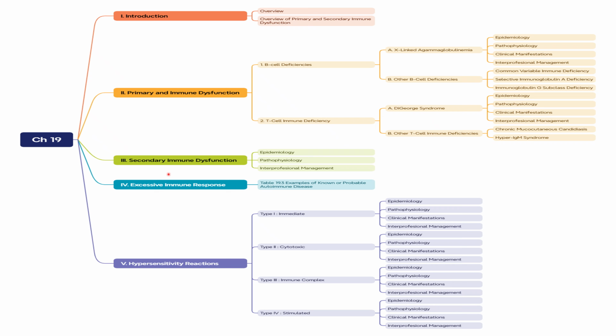A little bit about secondary. Here is a table, and the hypersensitivity. I wrote 4, but there are 5 because I didn't have more space on the page. But as you see, the pathophysiology, clinical manifestations, and nursing management, all of them have the same.